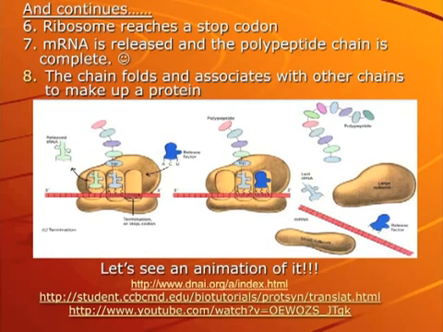Your mRNA has to get destroyed, or else it will continue to make more of the same polypeptide chain, and then you end up with too many proteins. Then that polypeptide chain folds and makes a globular shape and becomes its actual protein.